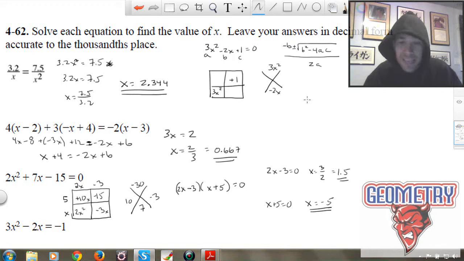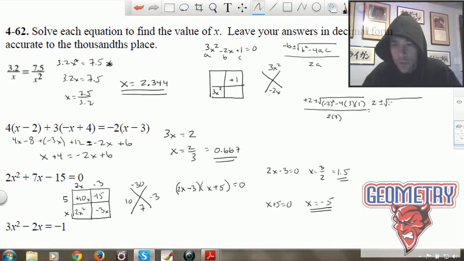Negative b is negative 2, so it's actually positive 2 plus or minus the square root of negative 2 squared minus 4 times a times c all over 2a. So we start to simplify this. We get 2 plus or minus the square root of negative 2 squared is 4.